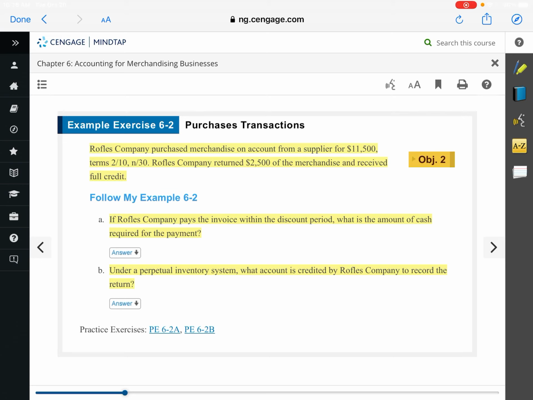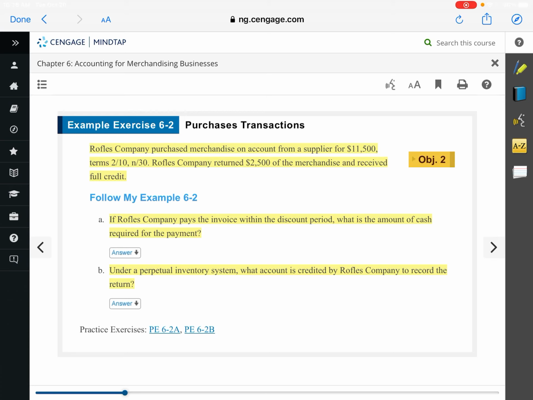Make sure I did this in order. No. All right. Do it like that. So if we had 11.5, that's the amount of our original purchase. We have to take the 2% on that. Then we returned $2,500, and we take the 2% on that. Then the actual amount that we would pay is $8,820.